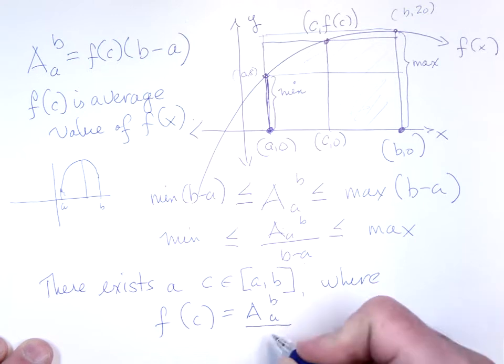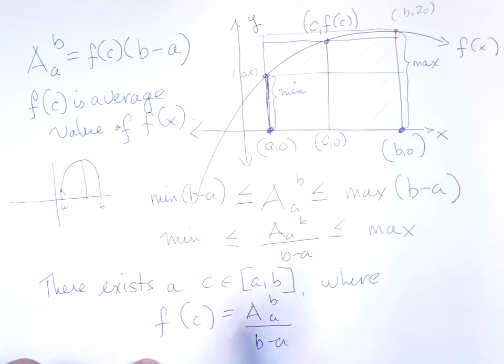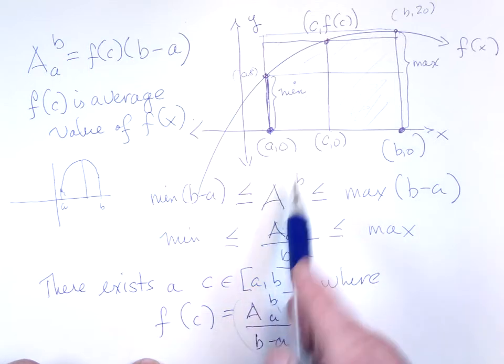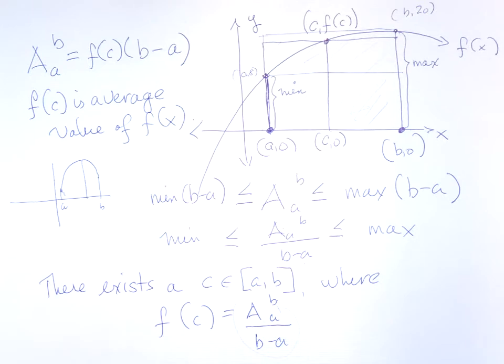So all you did was take out f of c, pretty much? Yeah, somewhere in here I know there's a value where the value of the function is equal to this number, because this number is between the minimum and the maximum, and the function takes on all the values. So there is some value in there that f of c is equal to this.